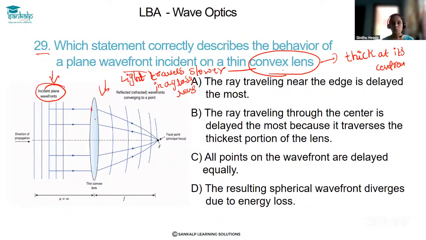So when this incident plane wavefront starts to get incident on the surface of the thin convex lens, after it passes through the center of this convex lens, the center is thick, so it gets delayed. Hence the correct option is option B. The ray traveling through the center is delayed the most because it traverses the thickest portion of the lens. So this is the main reason. Hence the correct option is option B.